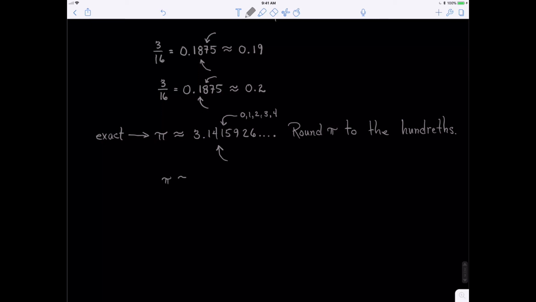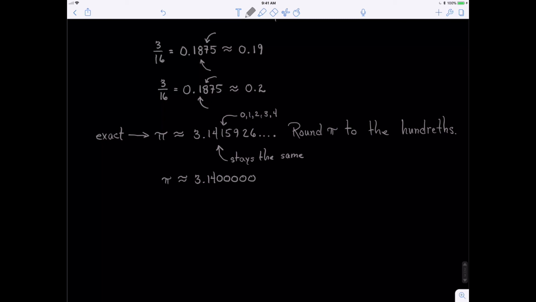So pi can be rounded to 3.14. The 4 stays the same, and all the rest of those numbers just become zeros.